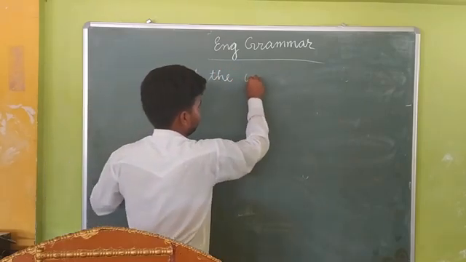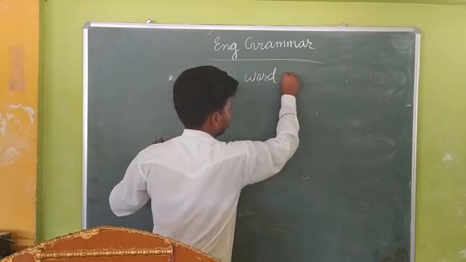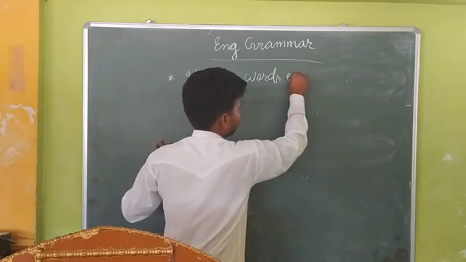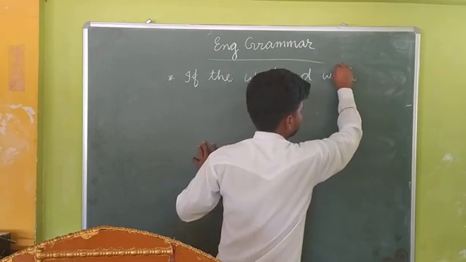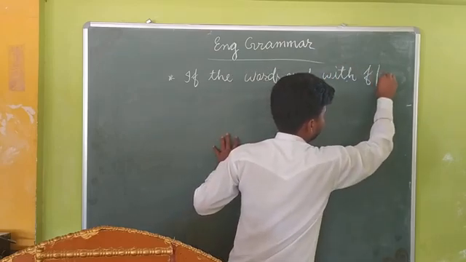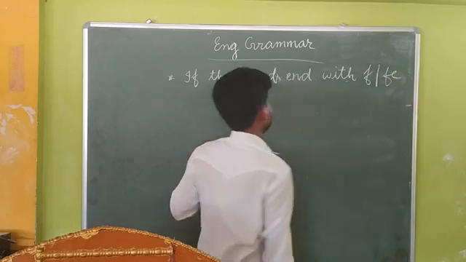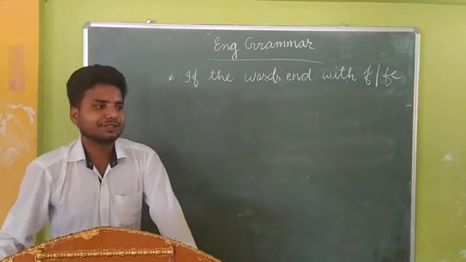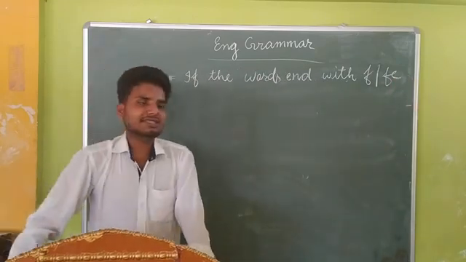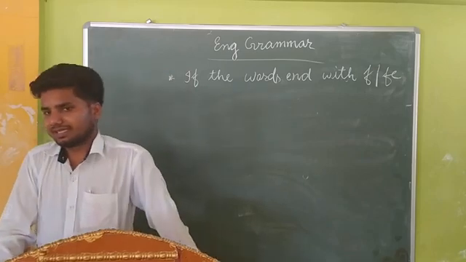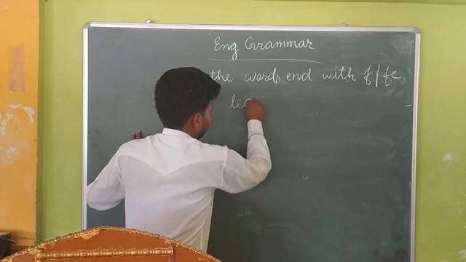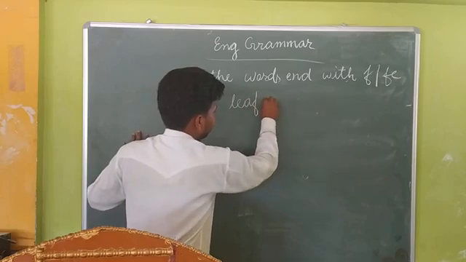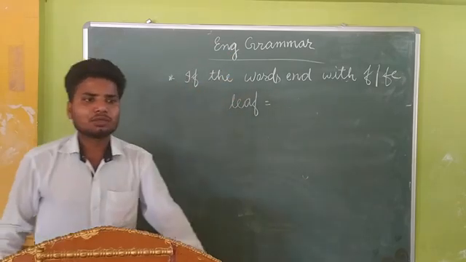If the words end with either F or FE, in such a case you need to replace this F or FE with VES. For example, leaf, and you need to convert this word into plural.